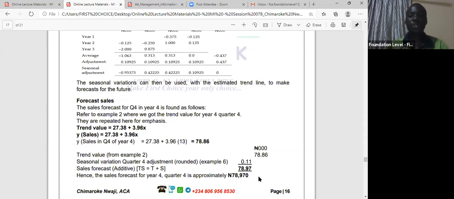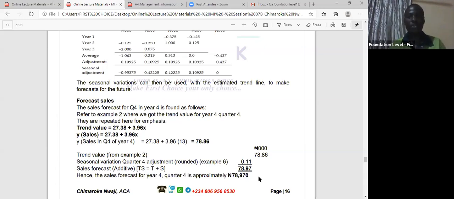So the first thing to do is get your seasonal variations by saying your actuals, which is your trend series or time series, minus your trend value, which is your moving average. You get the seasonal variation for each day. When you do for all of them, you now group them according to each day in the season.